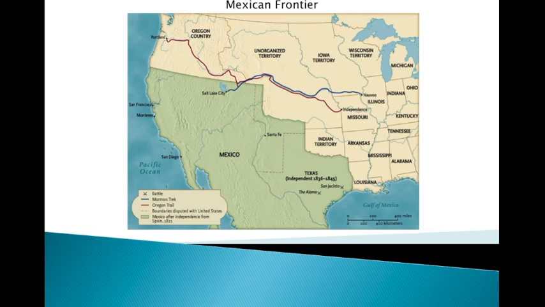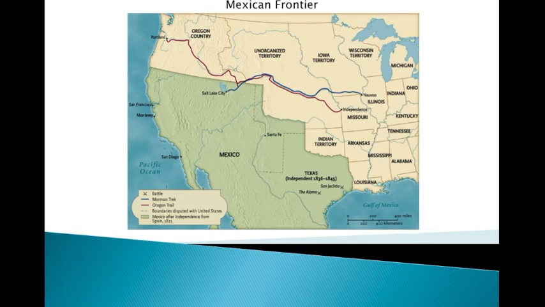And in response to Santa Anna, the Texas rebels formed a provisional government that called for Texas independence. This led to what's referred to as the Alamo. At the Alamo, Santa Anna's group killed about 187 defenders, including Tejanos and American settlers.